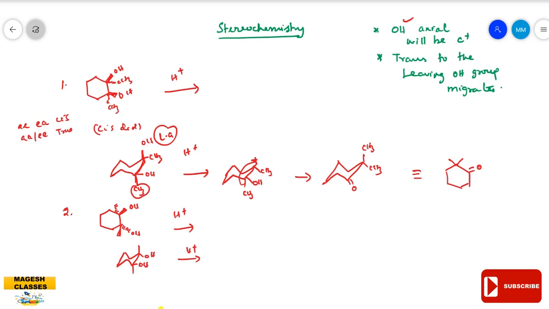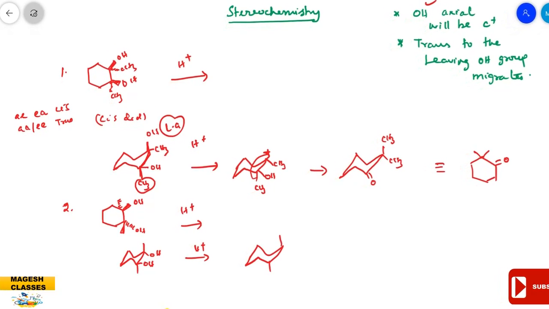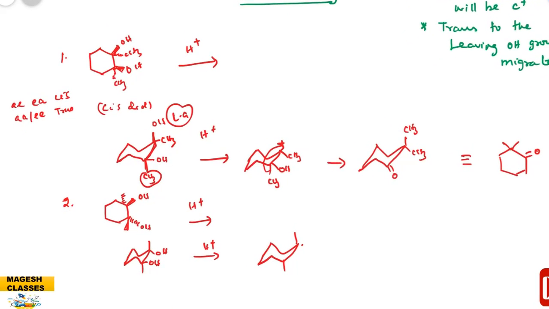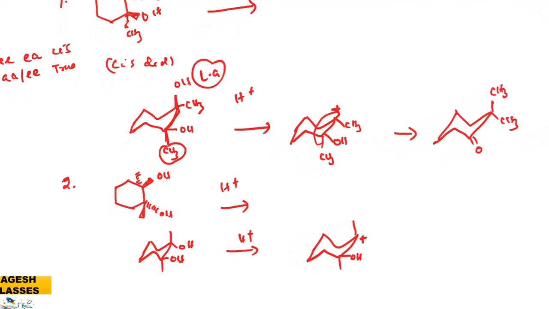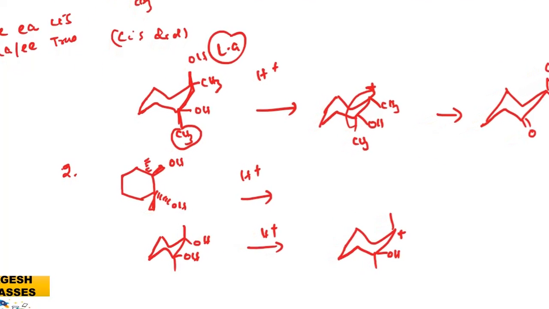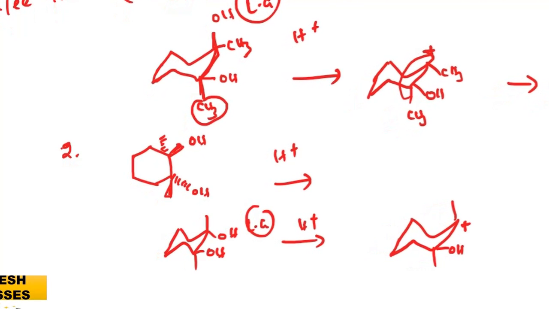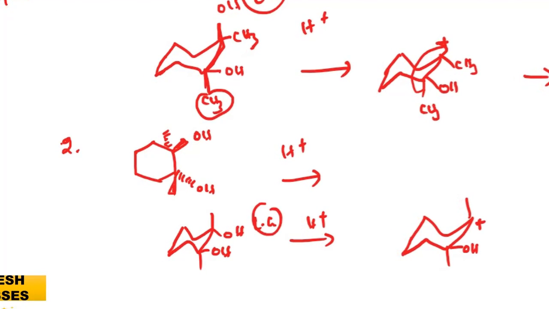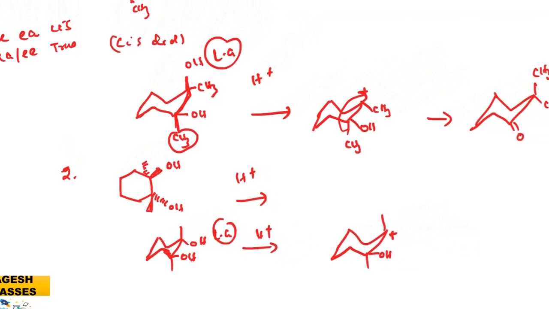Any one is converted into a carbocation. Here the two axial groups, and it is plus, and here the equatorial OH is present. It is the leaving group. For the leaving group, the group trans to the leaving group migrates. Here there is no such group, so it takes this carbon bond. So this migrates here.